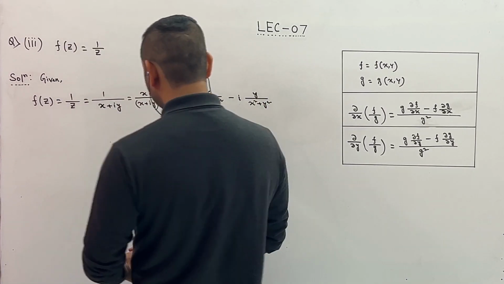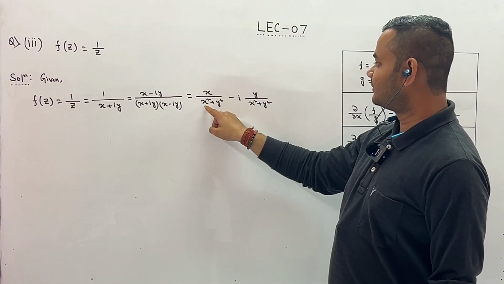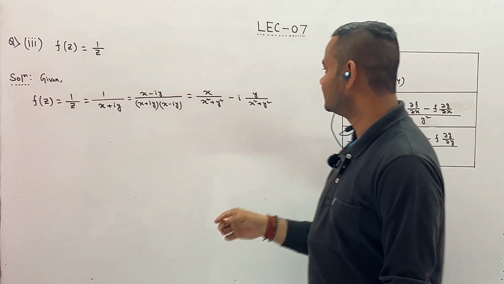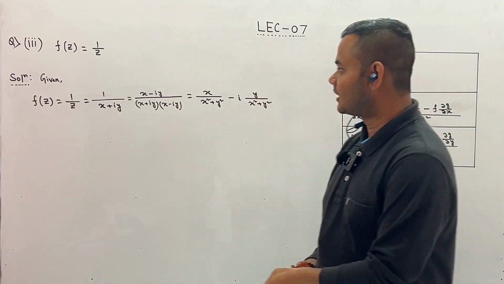So, we have seen that the real part of f of z is x divided by x square plus y square, and the imaginary part of f of z is minus y divided by x square plus y square.